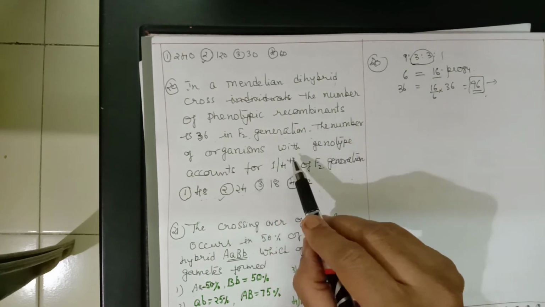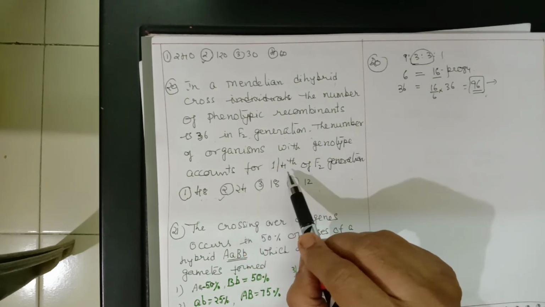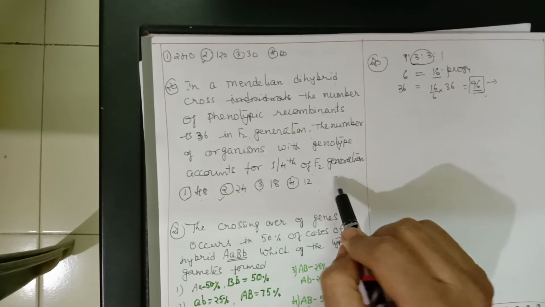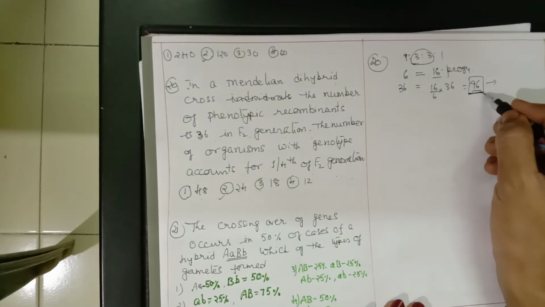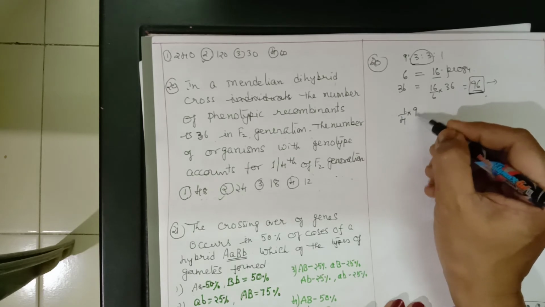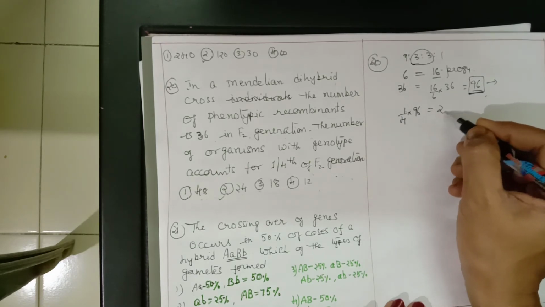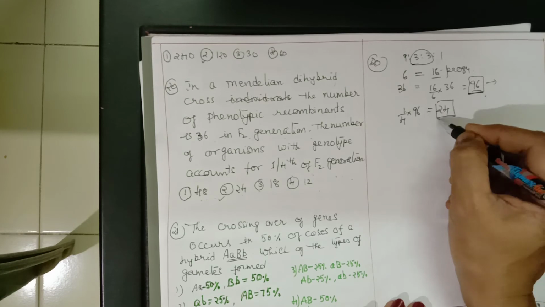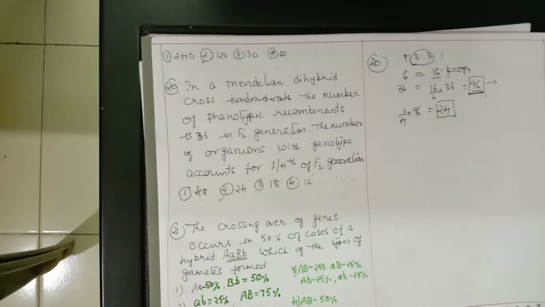The number of organisms with genotype accounts for 1/4 of F2 generation. So we have to find out 1/4 of this. So 1/4 of 96, we get the answer as 24. So here you have to understand first what is a dihybrid cross. Then you will be able to answer this.